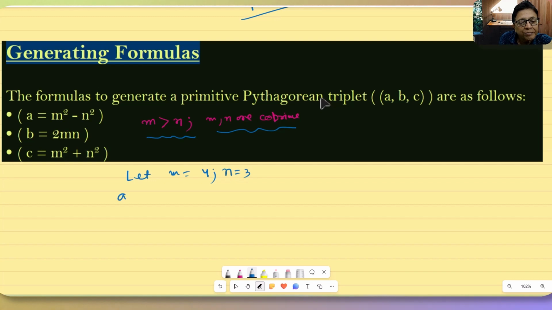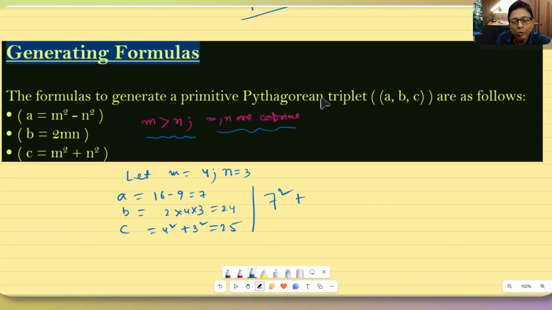What do you get? A equal to 7, B equal to 2 into 4 into 3, that is 24, and C equal to 4 square plus 3 square, that is 25.